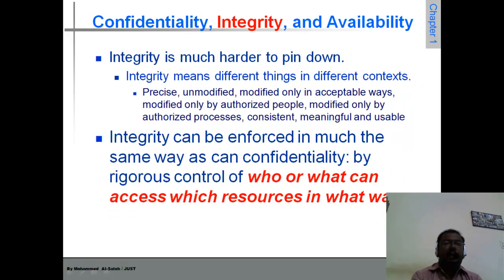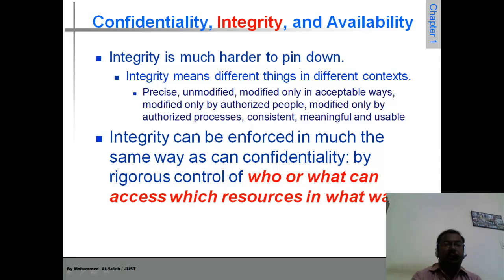So again, integrity is much harder to pin down. Integrity means different things in different contexts. It can mean precise, unmodified, modified only in acceptable ways, modified only by the authorized people, modified only by authorized processes, consistent and meaningful and useful. So when you do a modification, it should be precise.